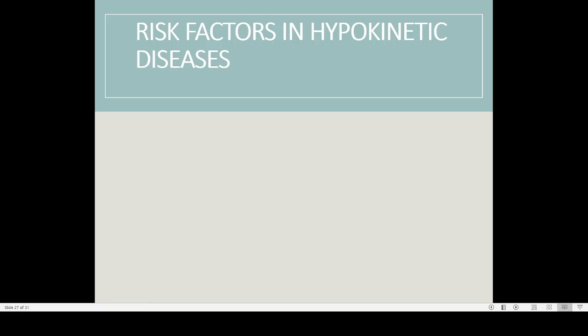Then, age and gender. Older age is a risk age for many of the lifestyle diseases like osteoporosis. Osteoporosis means bones become very weak, so that if you fall, the bones will have some kind of fracture. So during old age, it is very important that you take care of all these things.